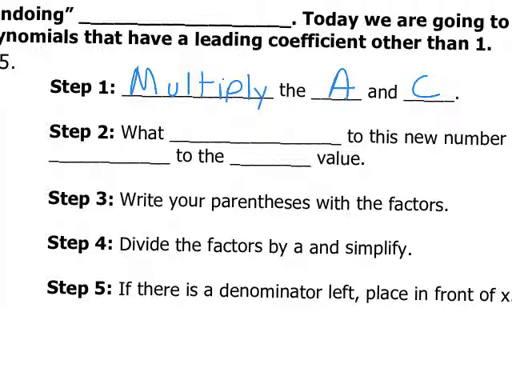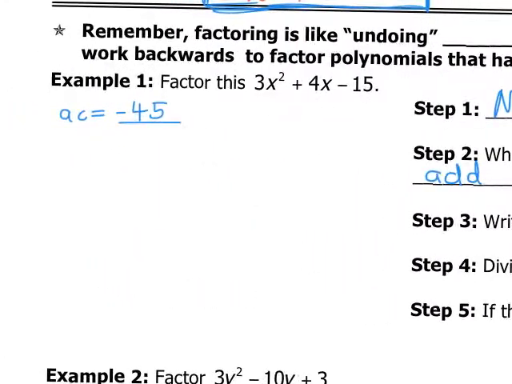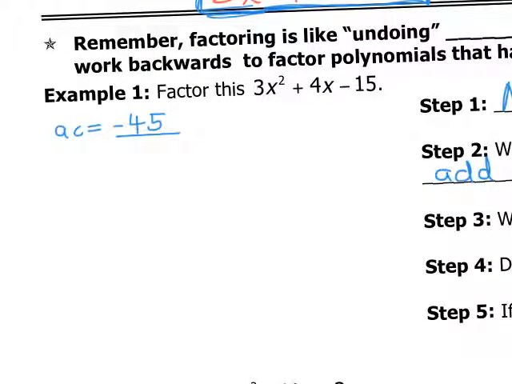But now we're going to find the same type of deal: what multiplies to this new AC number, but it still needs to add to B. And once I find those factors, they go into my parentheses. This is the part that should look familiar. Once I do A times C and find that number, I'm finding the factors of that which add to the middle. So I still need to add up to 4.